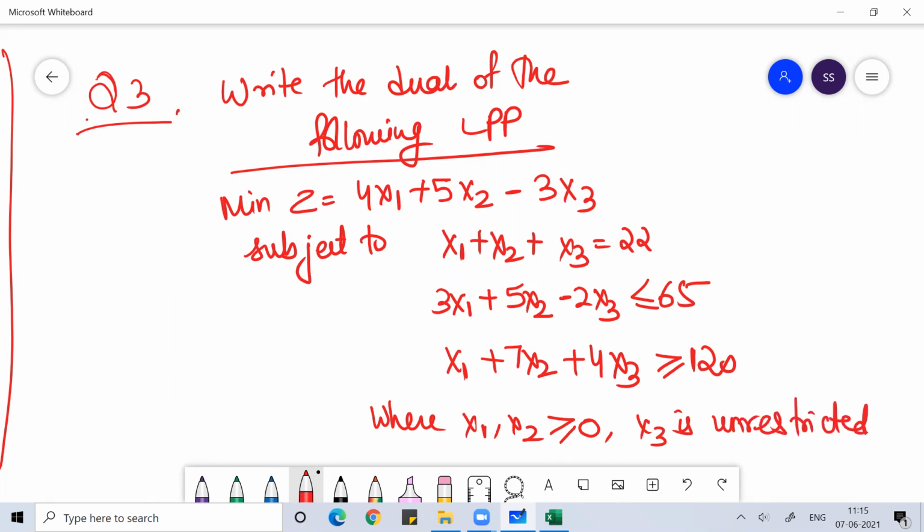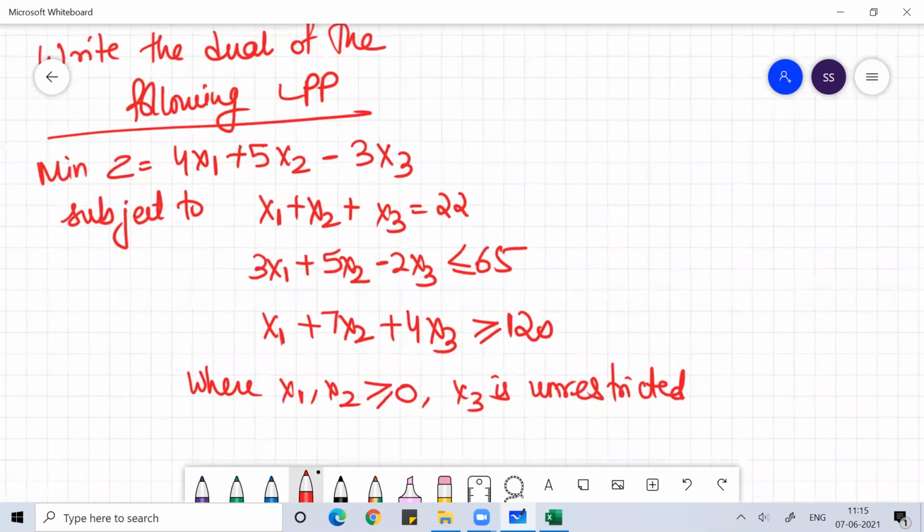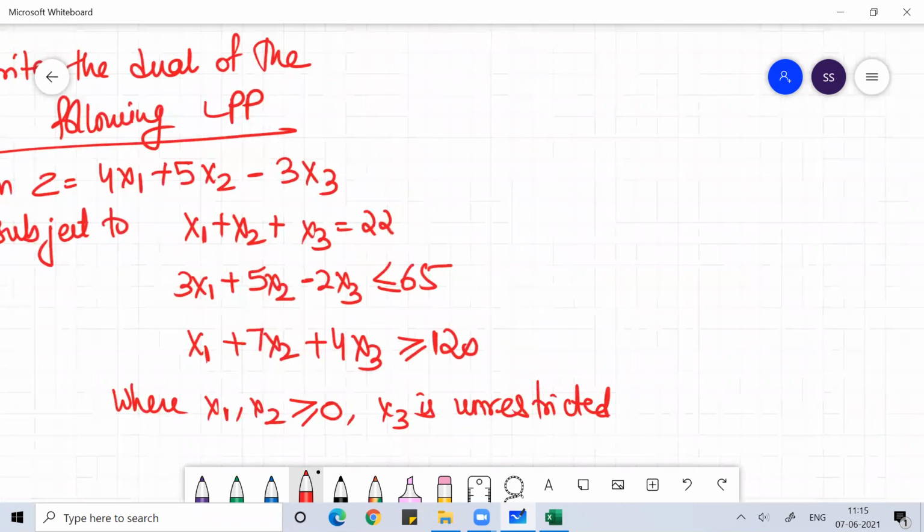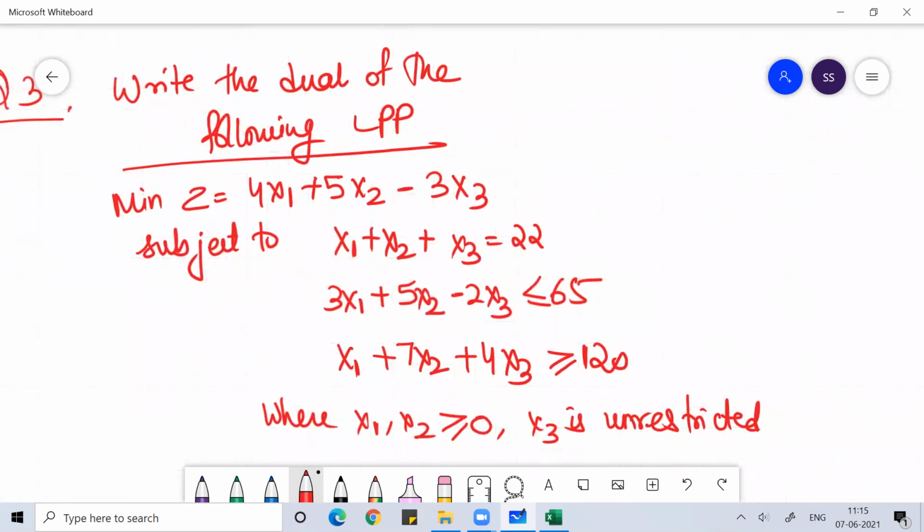This is the problem, guys. So x3 is unrestricted. Okay, everyone. So remember that. So if x3 is unrestricted here, please write down the problem first.